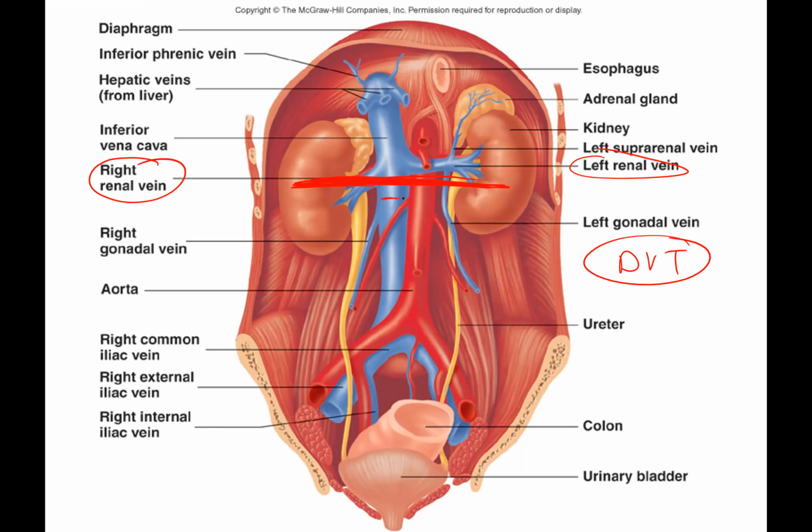So they'll usually put some sort of filter or intervention below the renal veins. If they throw that clot, it gets stuck in the filter below the renal veins so that the renal veins or the lungs or whatever don't get hurt.